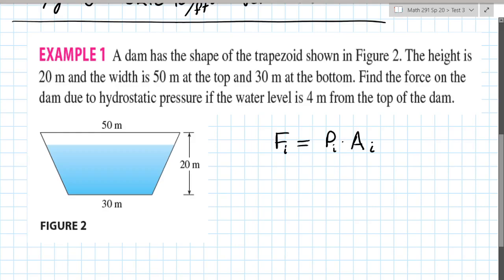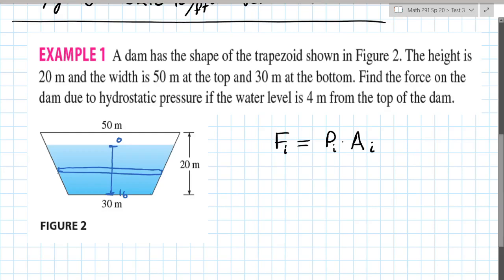So we want to take our trapezoid and, starting at 0, measuring down to 16, look at strips where we can find an area and a pressure. Then we'll sum up those strips using an integral.